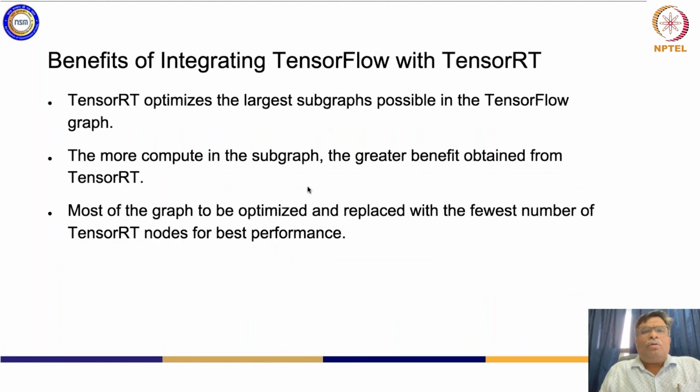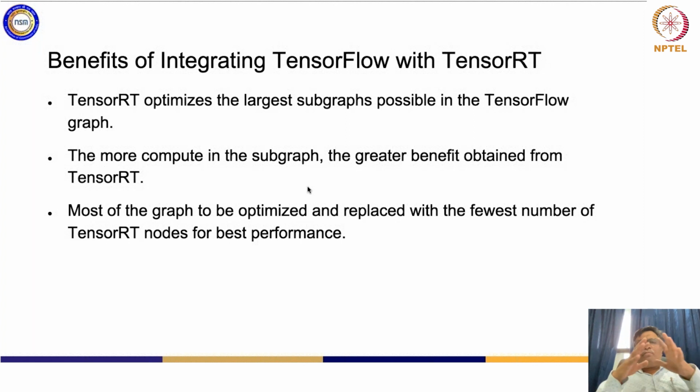Now when you integrate TensorFlow with TensorRT, TensorRT optimizes the largest subgraph possible in the TensorFlow graph, and if there is more compute in the subgraph, obviously it optimizes it more. So the more computations there are in your model, the more optimization you can expect out of TensorRT.